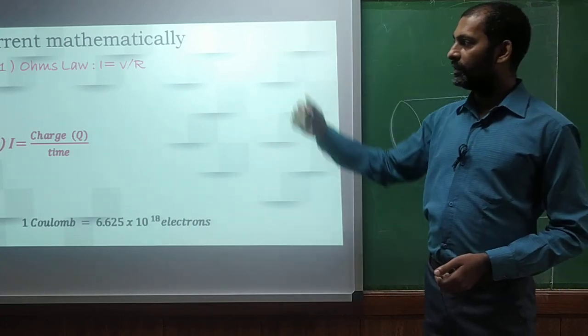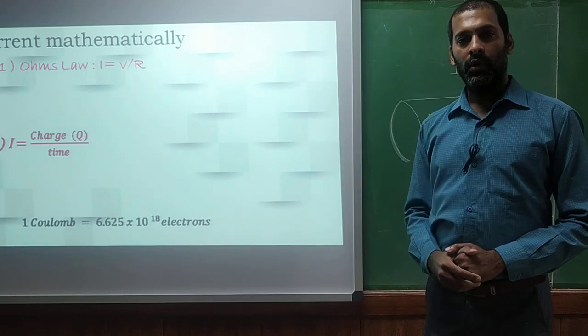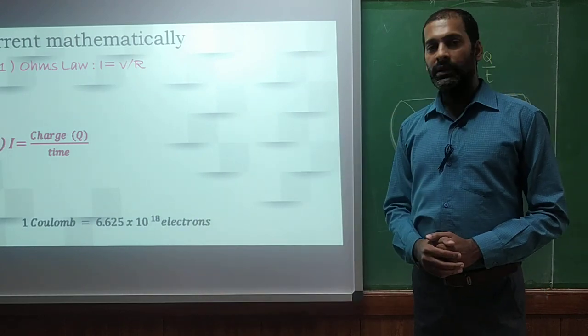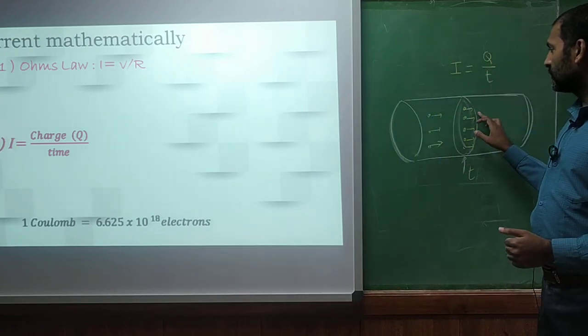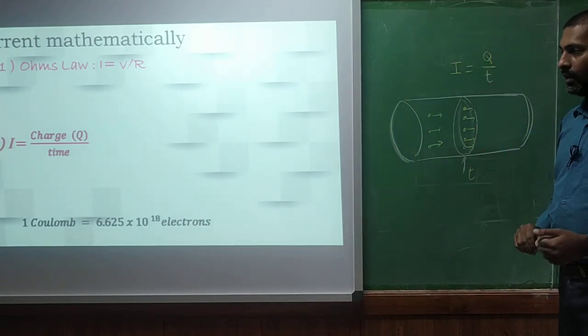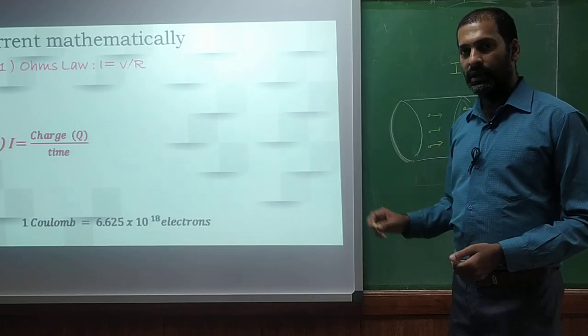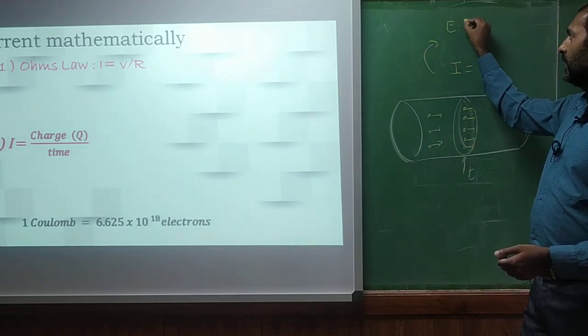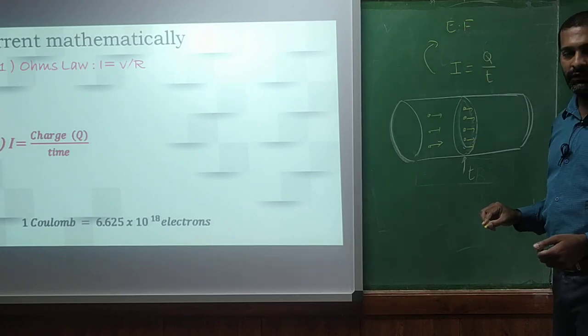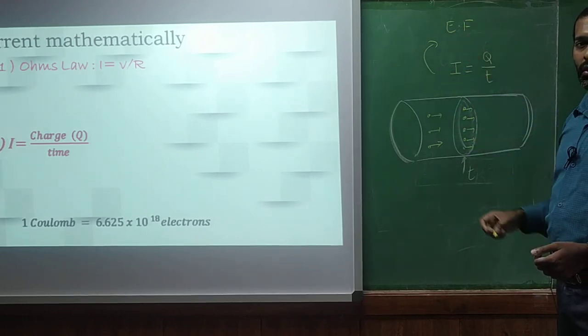So the first relation gives the Ohm's law. Second relation, the physical definition of current. The basic definition is charge per time. So here we have current I. Now we will compare it with the previous topic of electric field. We have discussed electric field and we have given it with Coulomb's law.